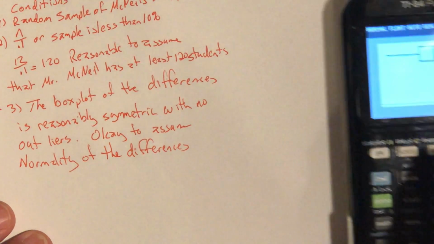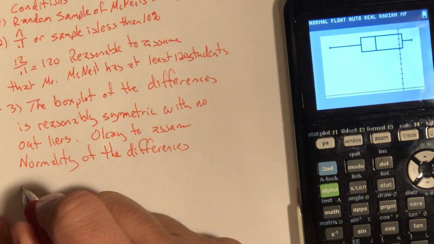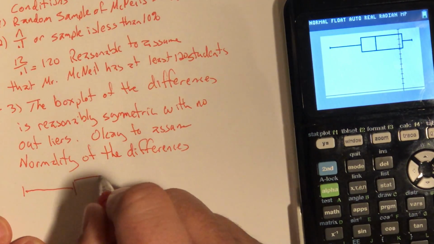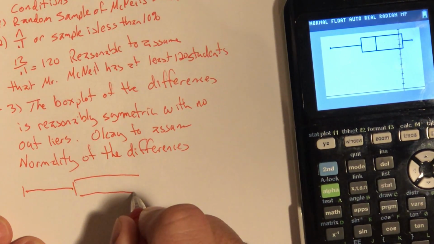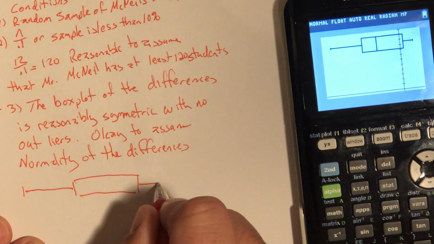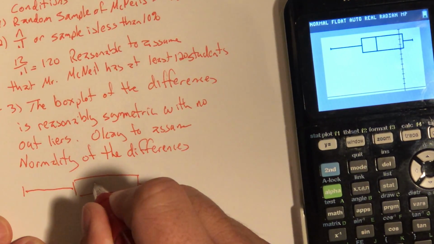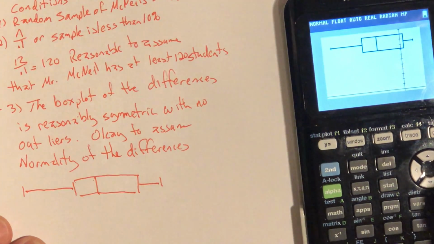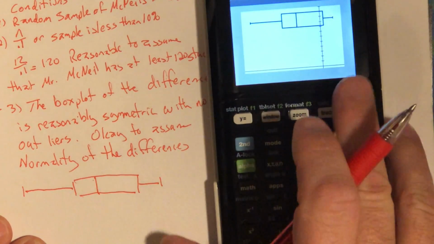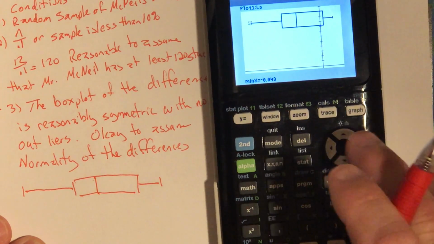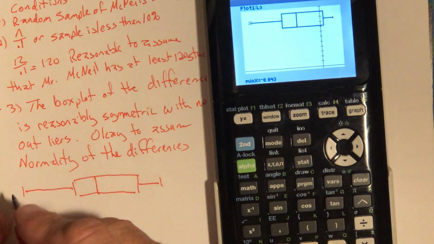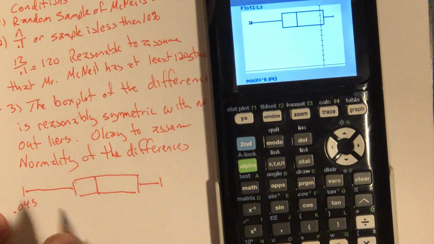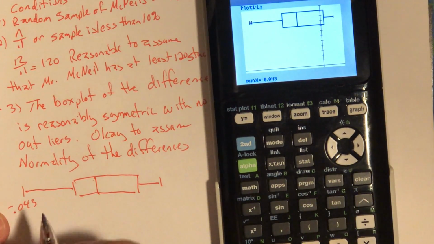All right, so drawing that box plot, I'm just going to sketch it based on what I see, and what I see looks a little bit like this. I'm not going to take a scale because I have ugly numbers, but if I go to the trace function, I find out that my minimum is negative 0.043.